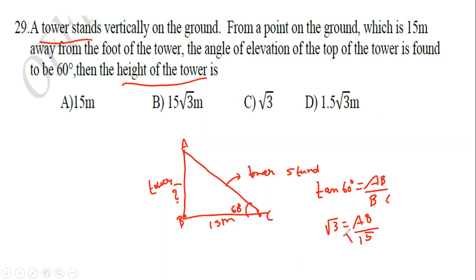So cross multiply this one, you will get AB is equals to 15 into root 3 meters. So which option is right? Option B is correct. So the height of the tower is 15 root 3. Next sum.